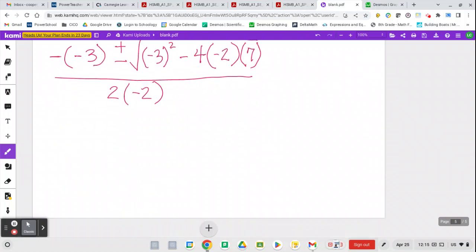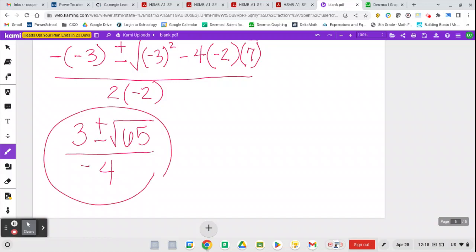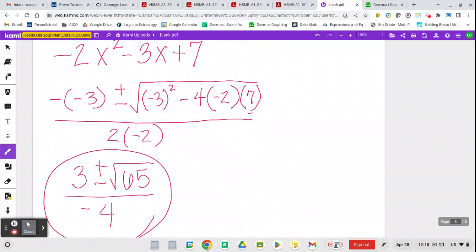So I just want you to know it could look both ways. All they did was do all the math in here and just leave that number in there.